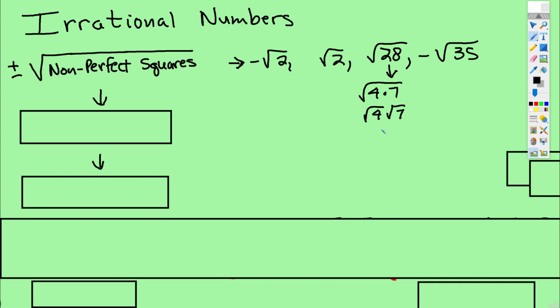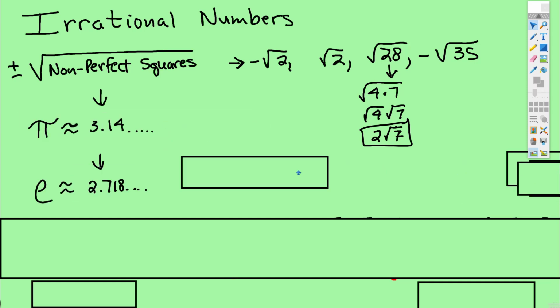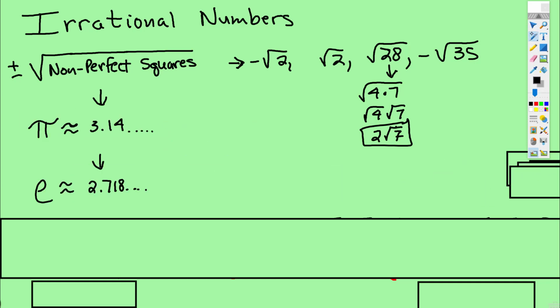And you all know the square root of 4 is 2. So 2 times root 7. So this is still an irrational number because of the root 7, but for irrational numbers that can be reduced, you must reduce them. The other irrational numbers are pi and the letter e.